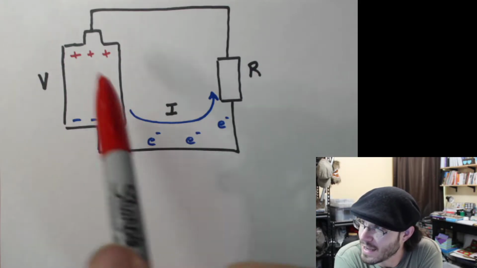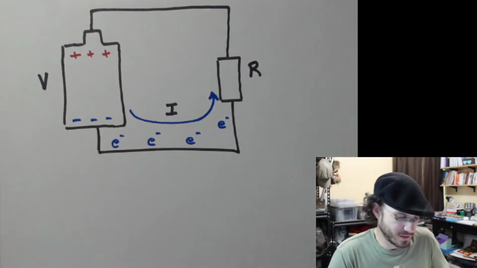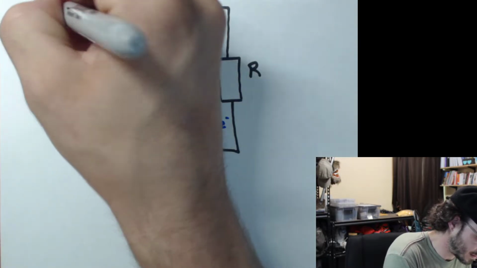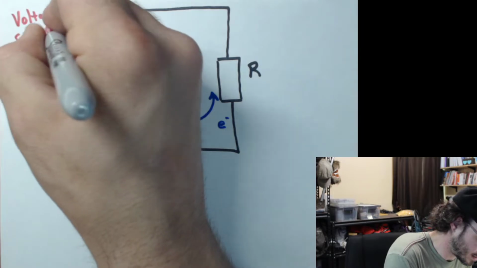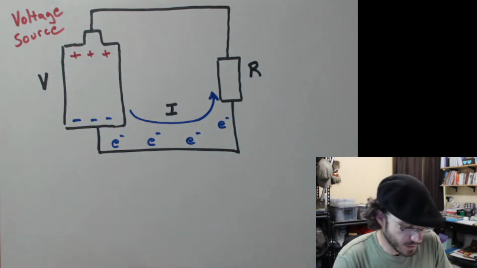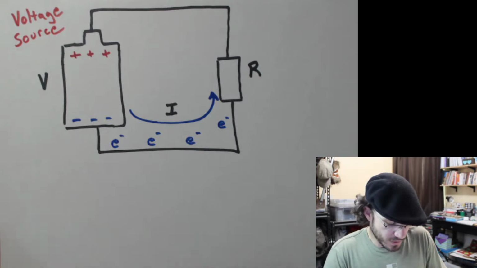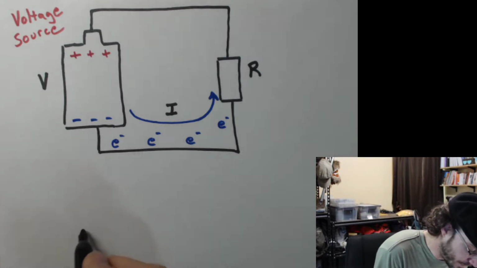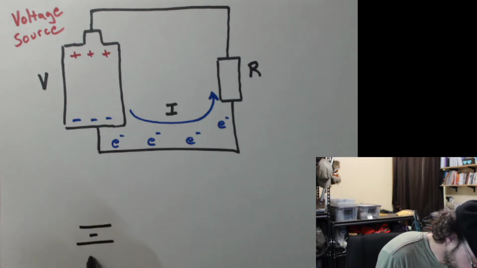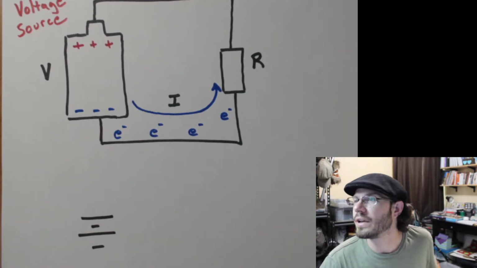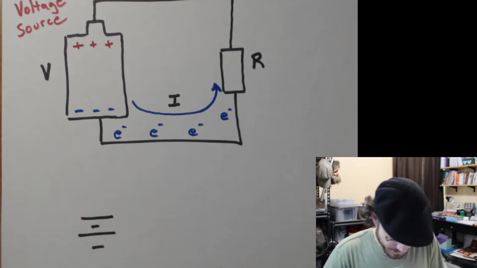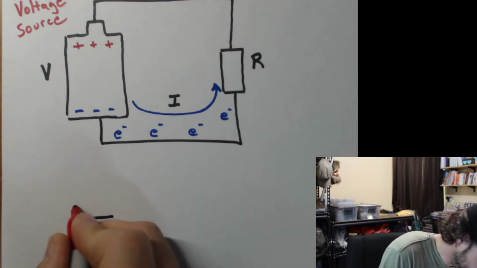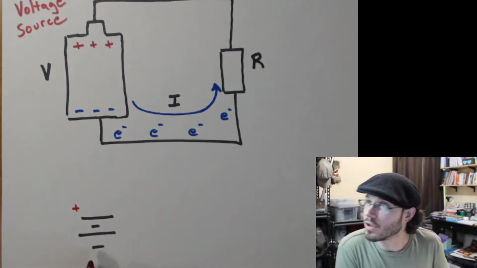This guy over here is representing a voltage source. For a voltage source, for now, we will use this schematic symbol. Now notice for our voltage source, the larger side is our positive, and the smaller side is our negative.